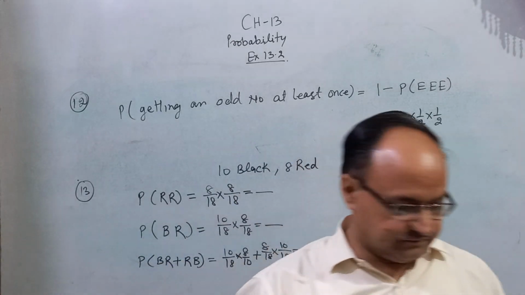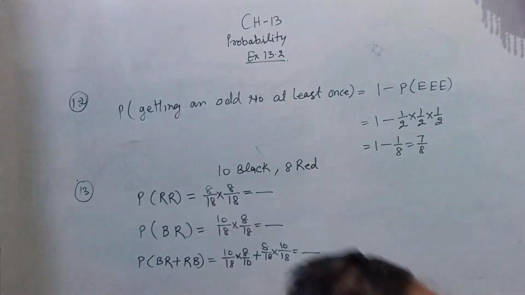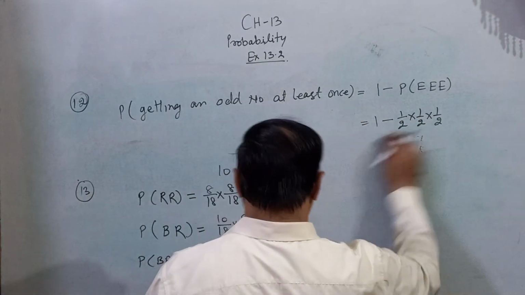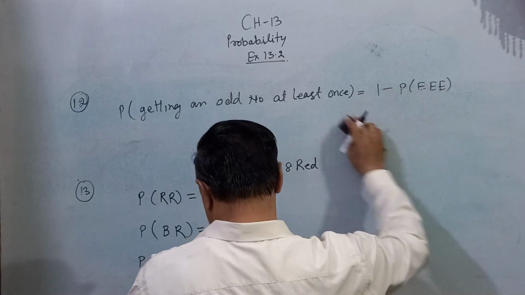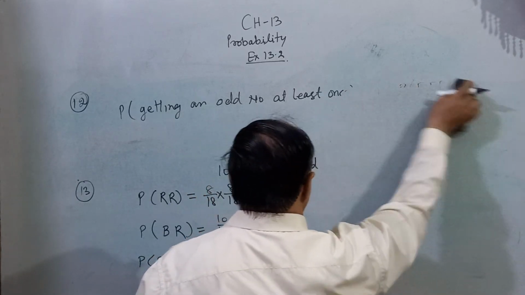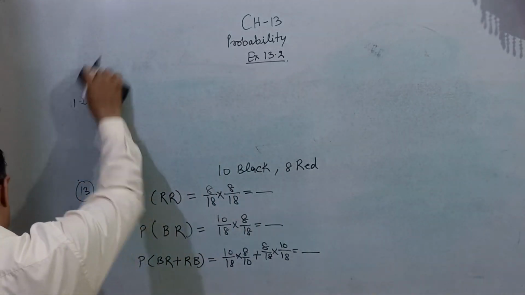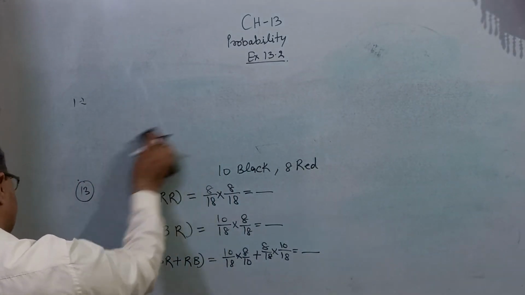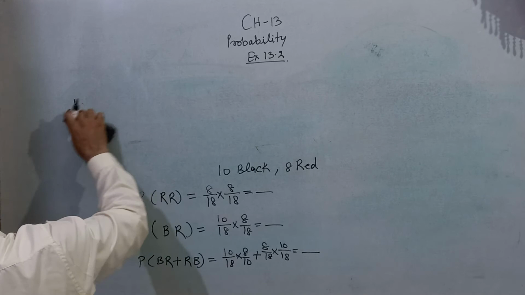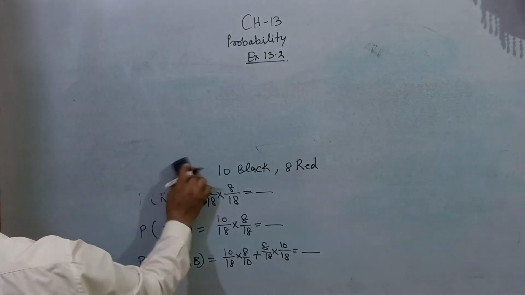Question number 14. In this exercise, 14 is a very important question. What is the question? The probability of solving a specific problem independently by A and B is given as 1 by 2 and 1 by 3.